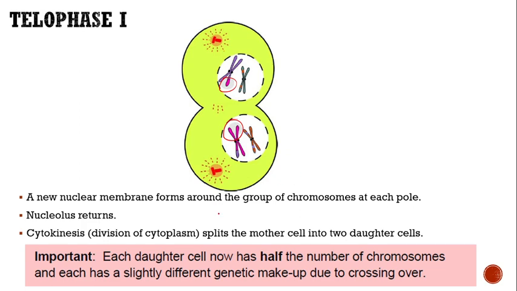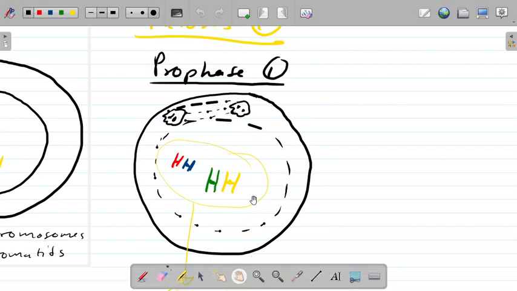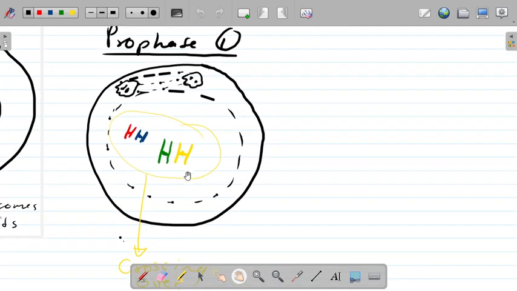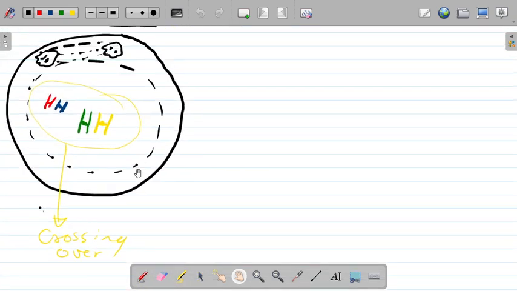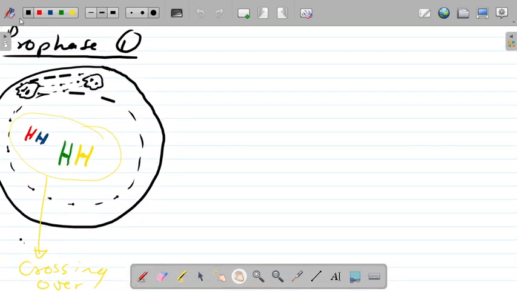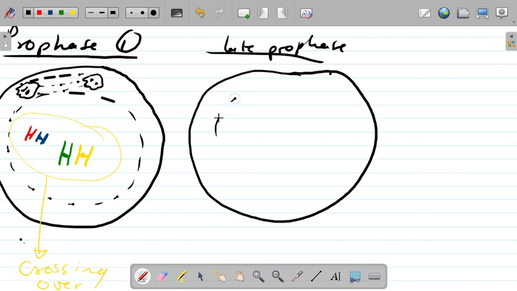Right. Now I want us to go back here. I want us to draw them. Now let's use our own. Good. Remember last time we ended here by prophase one, and then crossing over took place, chiasma, and then essentially during your late prophase, you will have a cell where your nuclear membrane disappears.